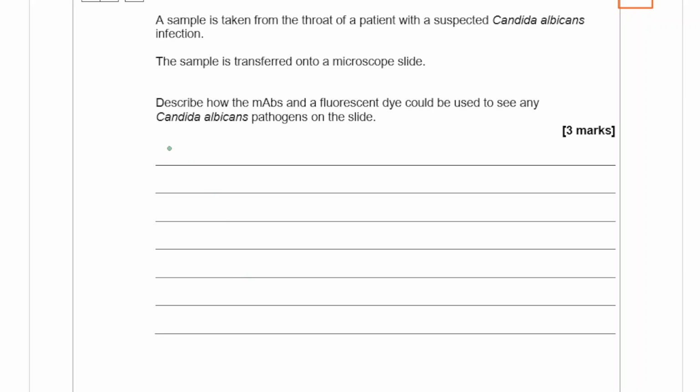Bind or attach the fluorescent dye to MABs, monoclonal antibody, right?